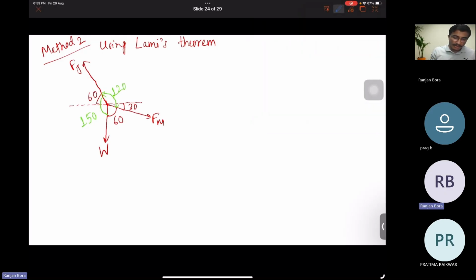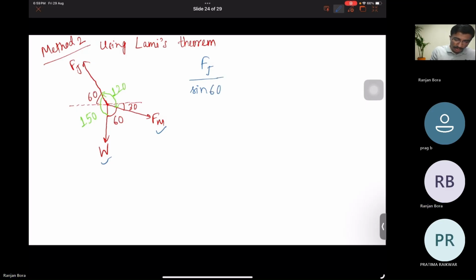And what does Lami's theorem tell us? Lami's theorem tells that we can write the ratio of force divided by the sine of the angle between the other two forces. Fj divided by sine of the angle between the other two forces, W and Fm, which is 60 degrees.